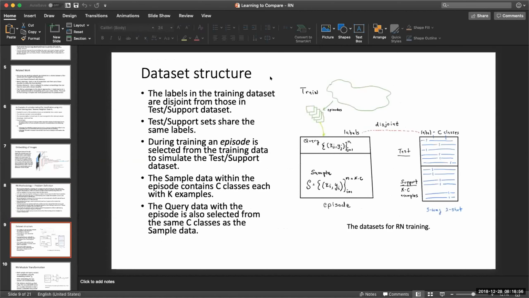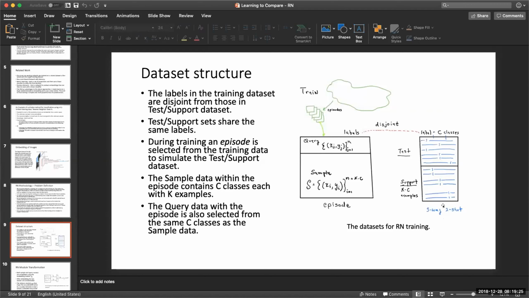So here's a picture of the structure of the data. Maybe this is a little bit simpler. On the right-hand side, we have our test and support set. I've drawn this in a tabular, one-hot encoded form, so that you can see that they're sharing the same labels.